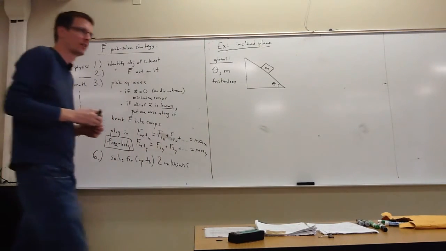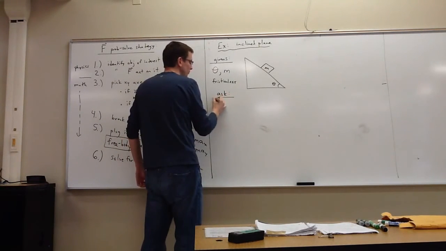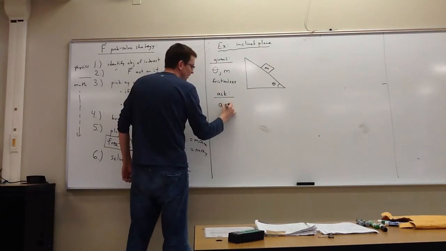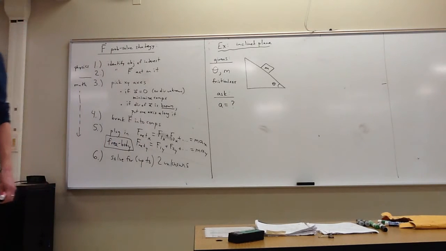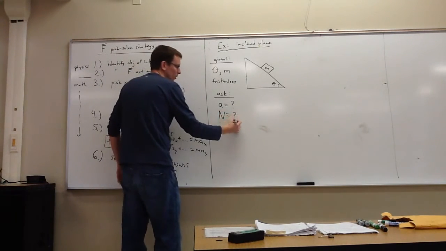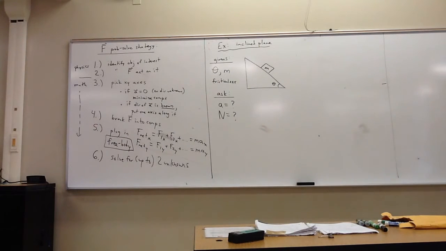And here's what I'm going to ask. What is the size of the acceleration that this mass will experience? As you can probably imagine, it will slide down. It can't stay there if there's no friction to hold it there. And I want to know how much acceleration that is. And I also want to know how much force does the surface have to exert on that object.